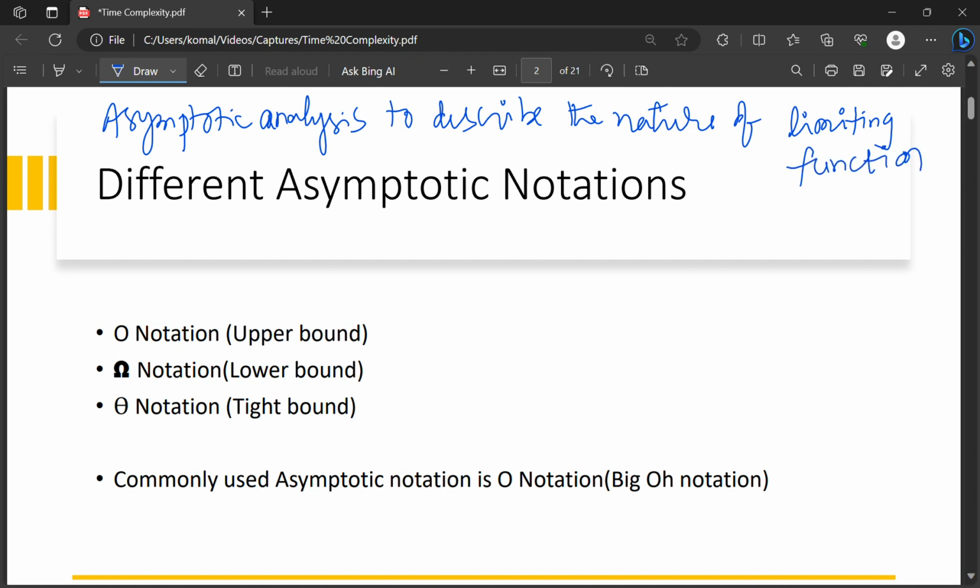Here we are going to use asymptotic notations to describe time complexity. There are 5 asymptotic notations. I have mentioned the first 3 here, and the remaining 2 I will cover later.